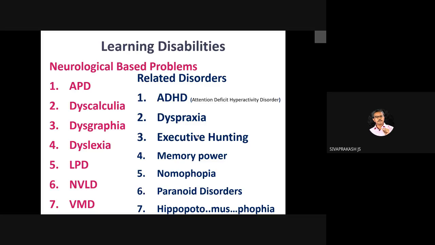If he sees something, he cannot quickly understand what it is. Visual motor deficit. So he has a problem of seeing, drawing, or copying. Right. This is also a part of dysgraphia or non-verbal learning disability.